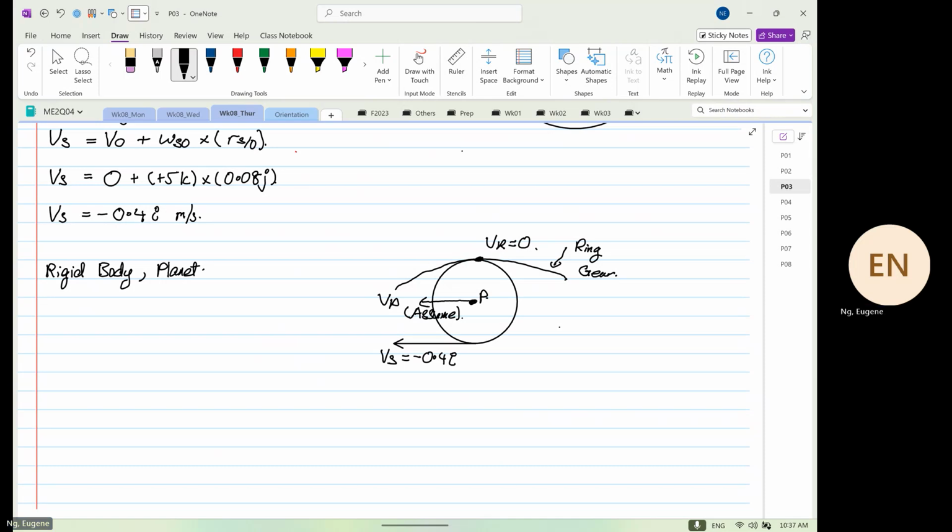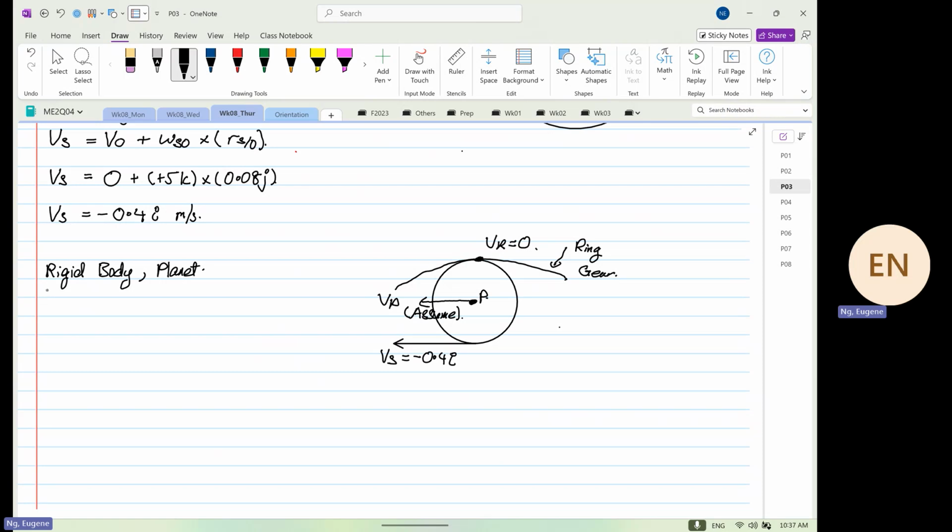So the first equation that we are going to focus on is just the planet, so we can determine the angular velocity of our planet.